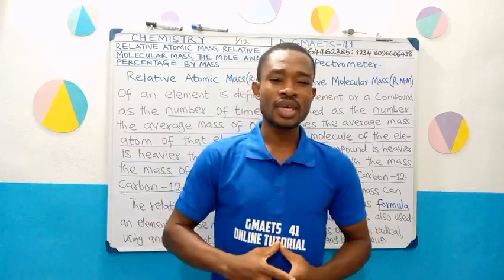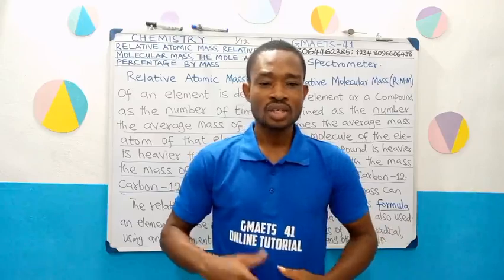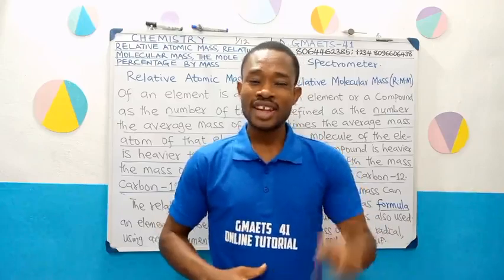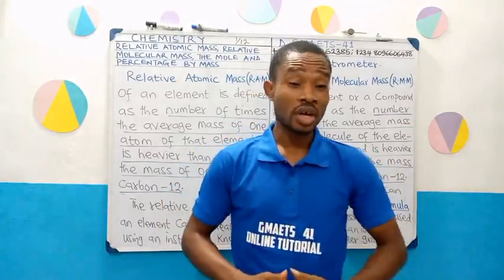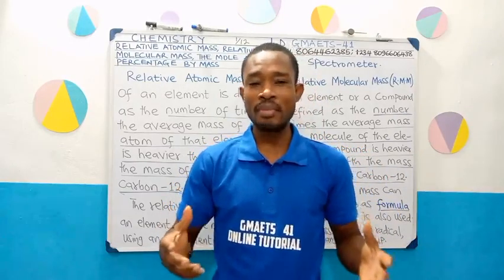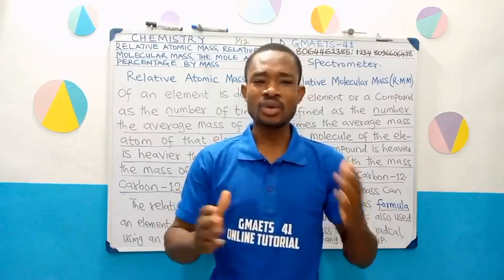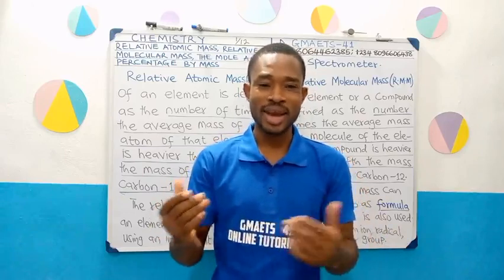So now we're going to see what the relative atomic mass of an element is, the relative molecular mass of an element or a compound. We'll talk about the moles. We'll also talk about the percentage by mass of an element in a given compound. We'll also look at how we can determine these things by calculation.